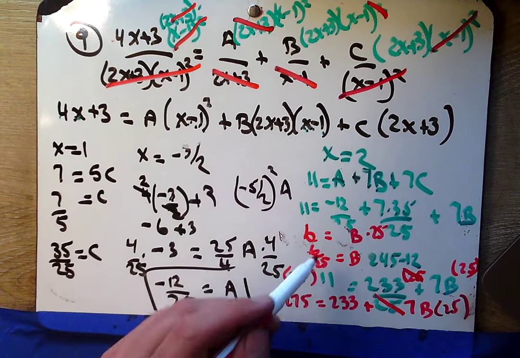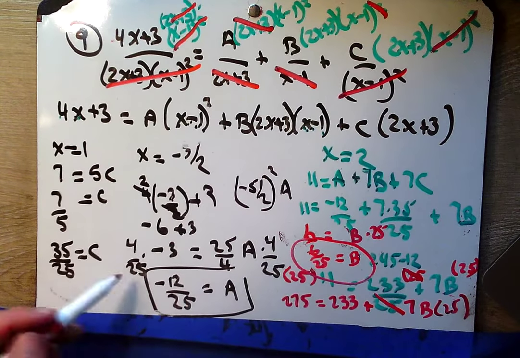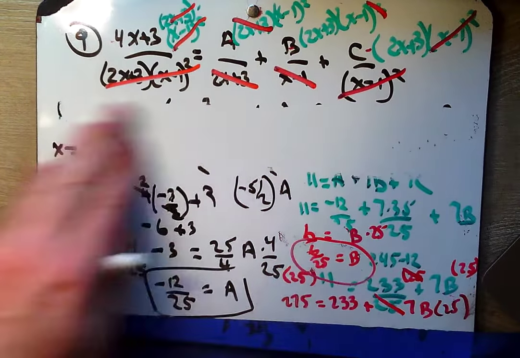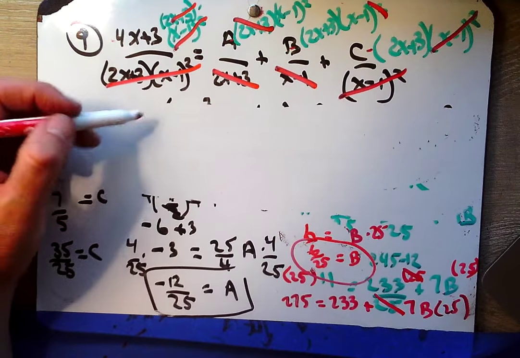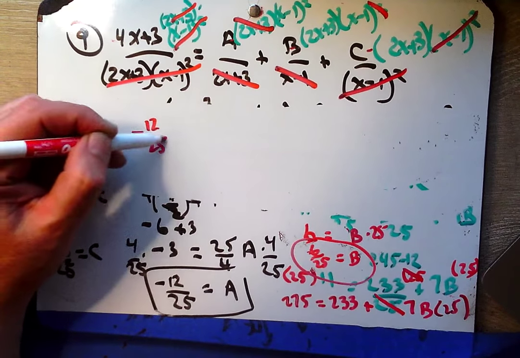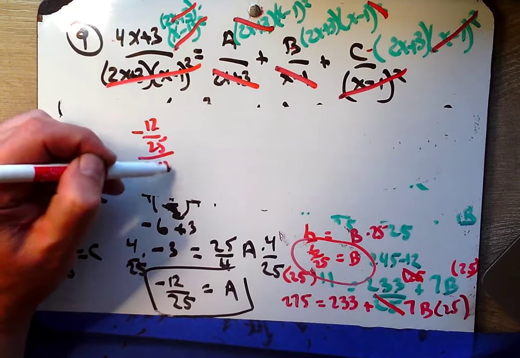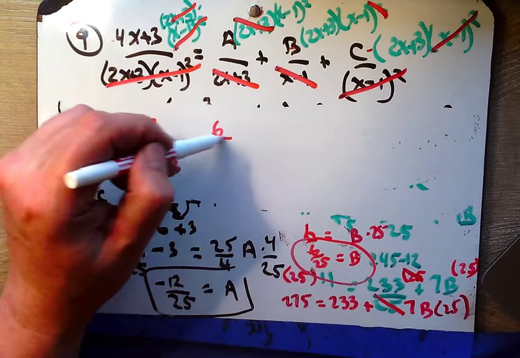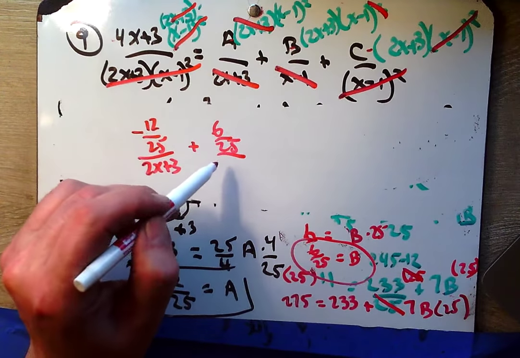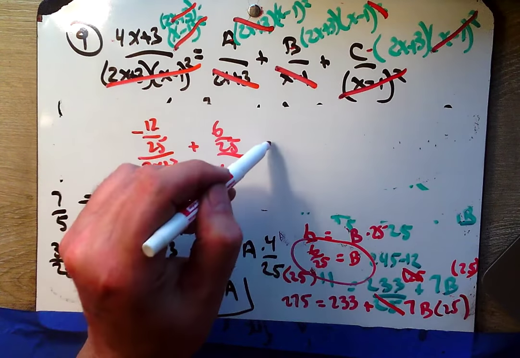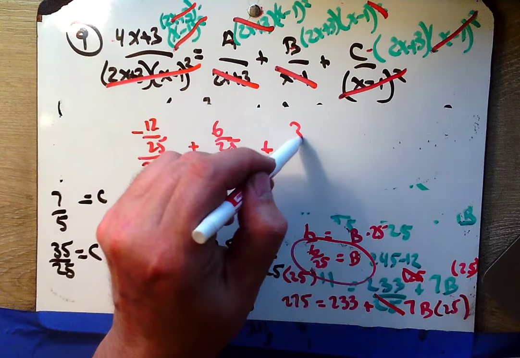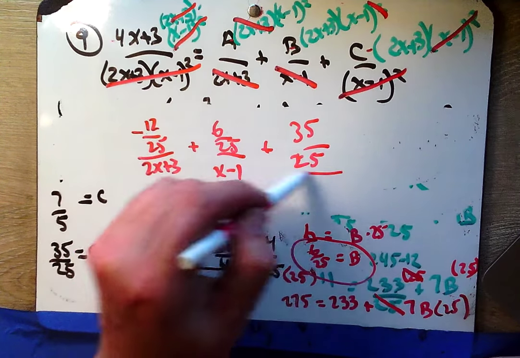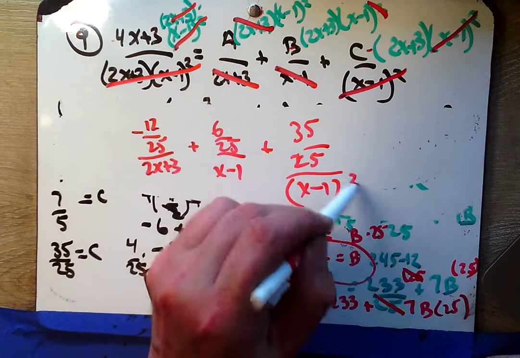Okay, so I've got my b, my a, and my c ready to plug in there. Negative 12 over 25 over 2x plus 3, plus our b value, 6 over 25 over x minus 1, plus our c value, 35 over 25 over x minus 1 squared.